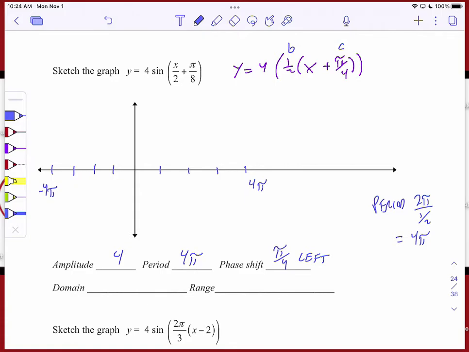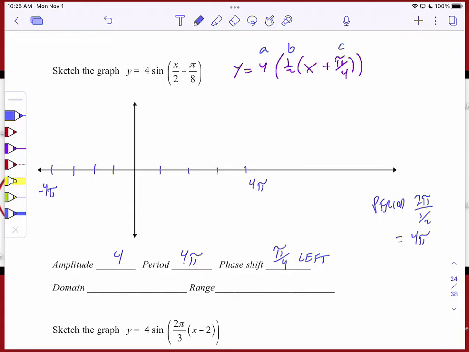That b value is never negative. It's not that it's impossible, I just don't do ones like that. And if it was negative, we would figure out some kind of way to deal with that other than drawing it in. That would be a horizontal flip. So there's no need to worry about that b value being negative. Of course, c could be negative. That would just mean move to the right.